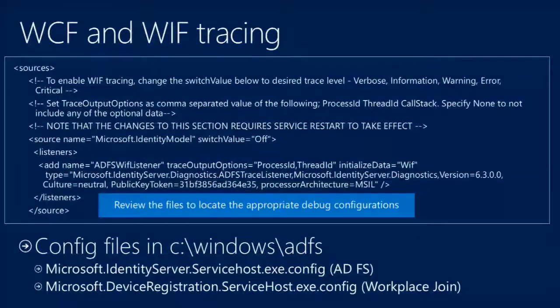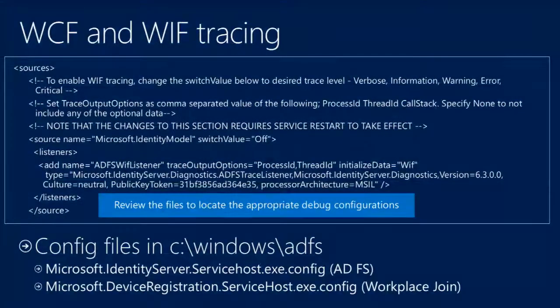If you want to get into the Windows Communication Foundation and the WIF tracing, the Windows Identity Foundation tracing, you can do that. What you're looking for is a couple of files. You remember the install directory is Windows ADFS.